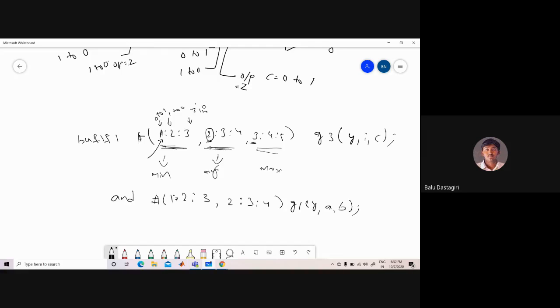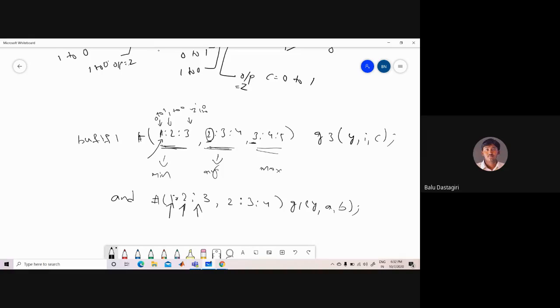Whenever the output changes from 0 to 1, that is during the rise time of the output, the gate has a minimum delay of 1 time unit, a typical delay of 2 time units, and a maximum delay of 3 time units.